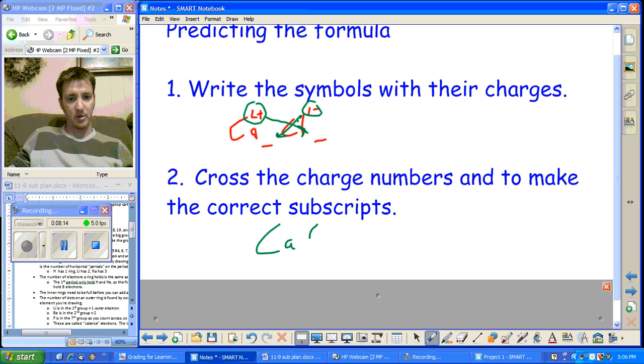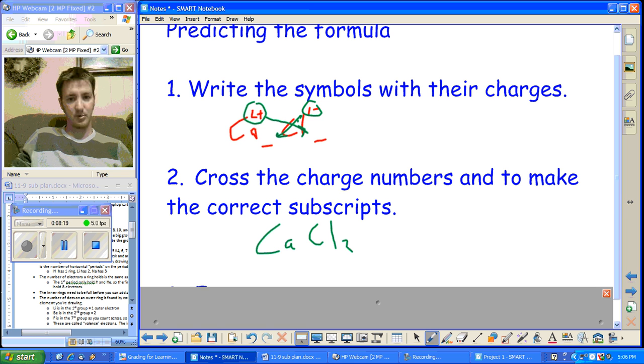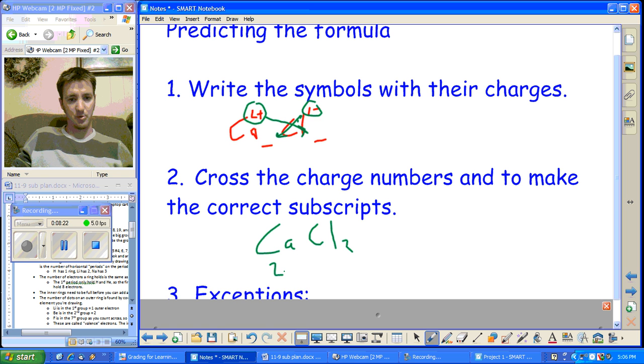And the chlorine, you take the charge of calcium, bring it down here, I would need 2 of those. So in total, that gives me a 2 positive, because that's what calcium already was, and the chlorine would be negative times 2, because I have 2 of these negative ones, and so that would equal 2 negatives. So again, 2 positive, 2 negative, cancels out.